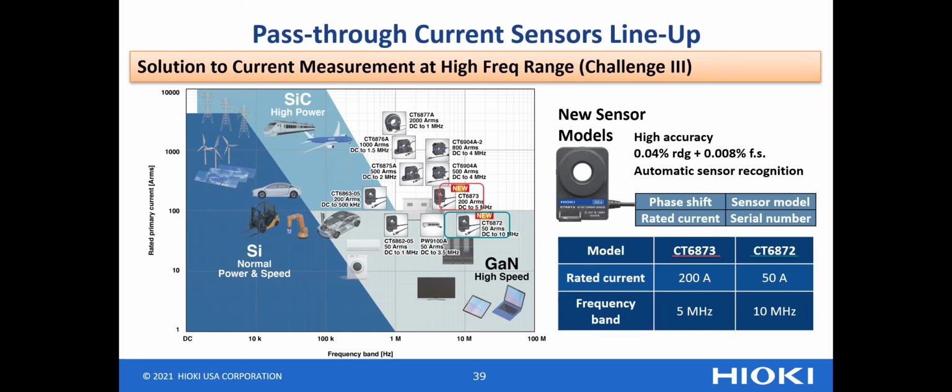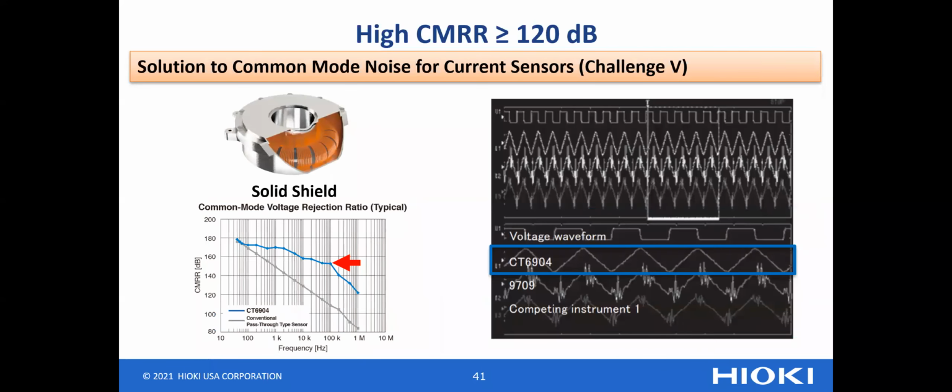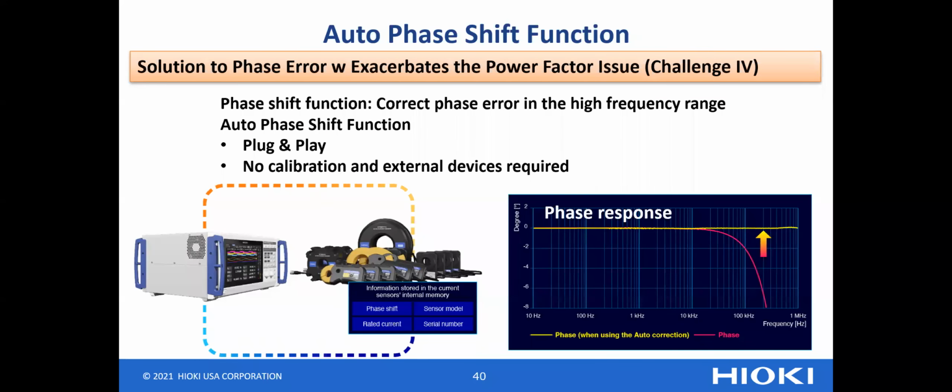So different pieces of information are read by the meter automatically, which are phase shift correction point, sensor model, rated current, and serial number. This automatic recognition enables the auto phase shift function.